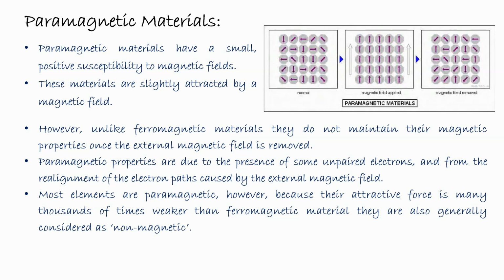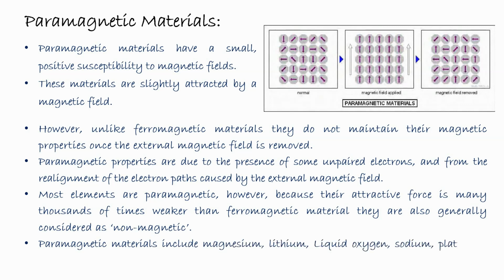That's why they are also considered non-magnetic. The paramagnetic materials include magnesium, lithium, liquid oxygen, sodium, platinum, and salts of iron. These are some examples of paramagnetic materials.